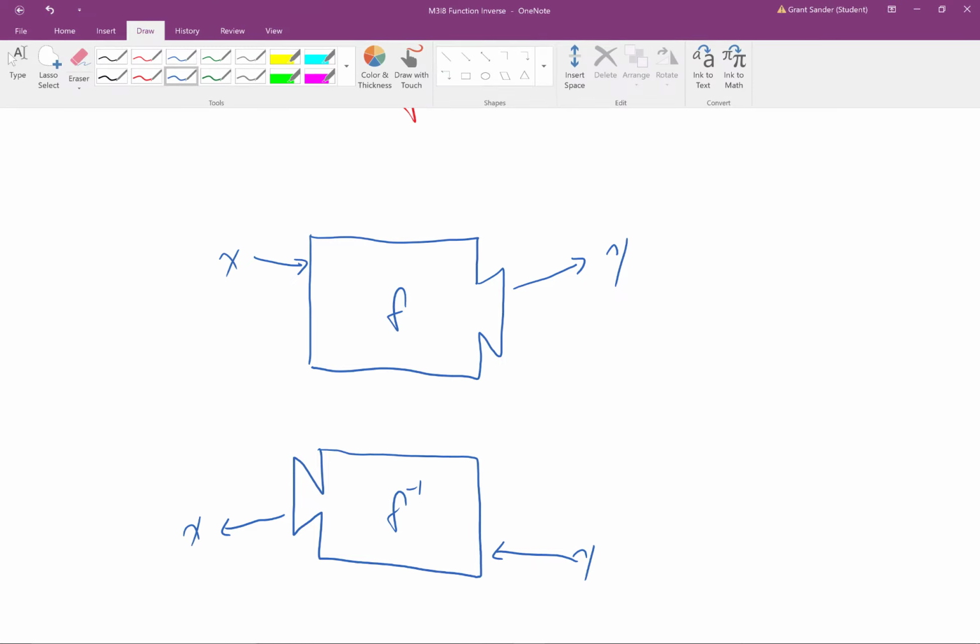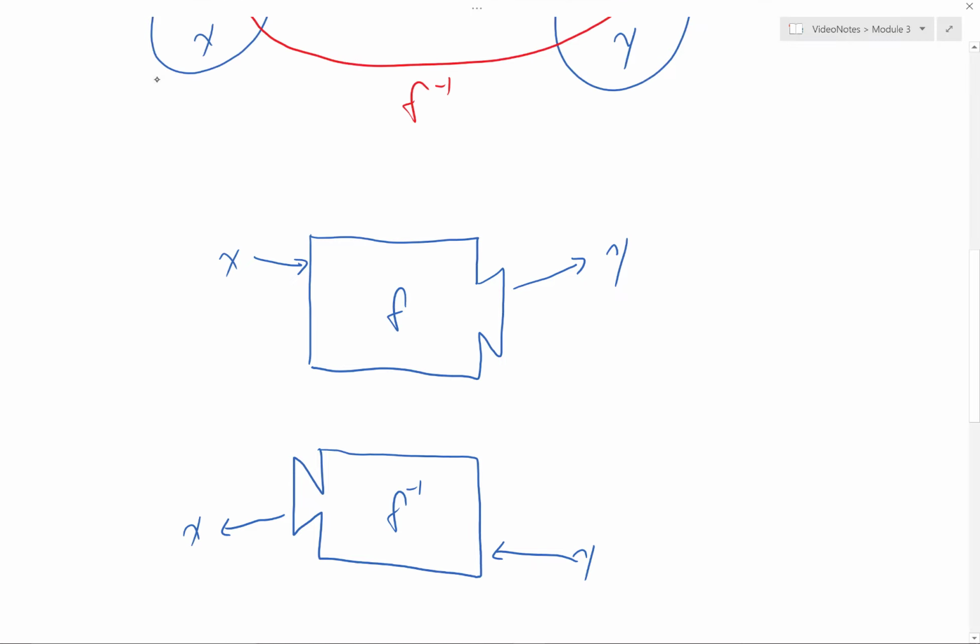Let's imagine chaining together this process. We give f a value of x, and f gives us a value of y as an output. If we take that value of y and input it into f inverse, it's going to output the original value of x. So you can see just from the diagram we have this very circular looking thing. That's because f and f inverse reverse the process of the other function.